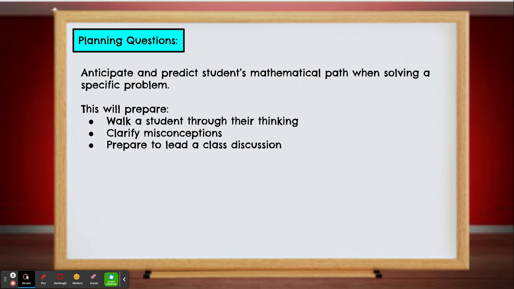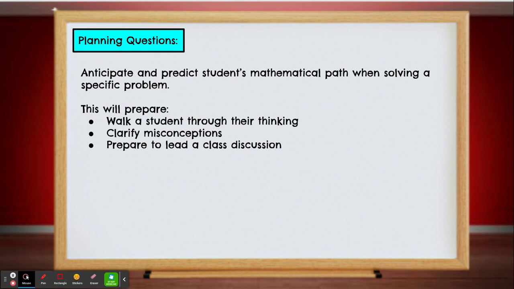We want to make sure we walk a student through their thinking. This may be when there's multiple steps and a student gets stuck, or simply a way for them to become comfortable in how they are going to present it to their peers. Another reason is to clarify misconceptions.